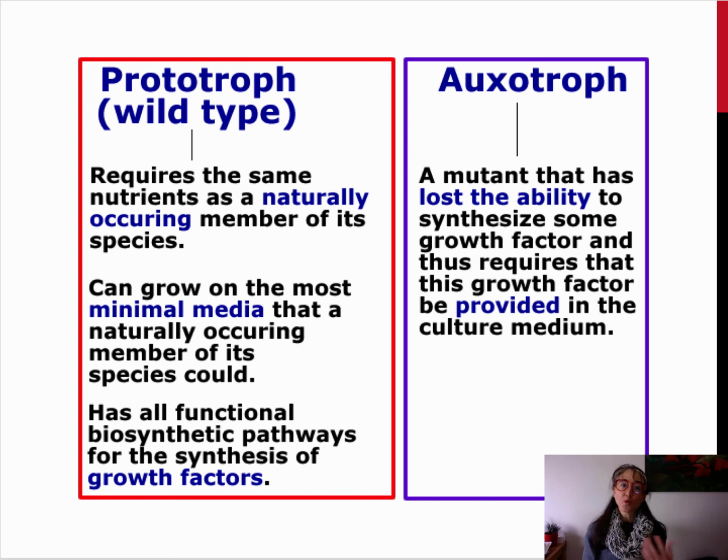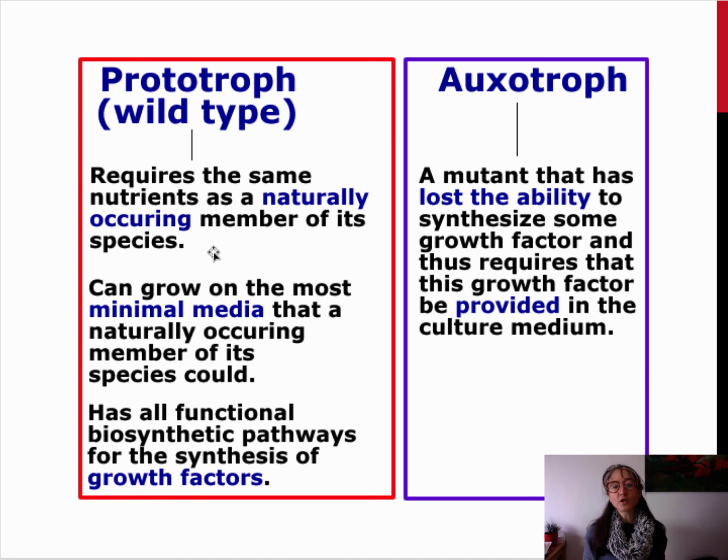Versus a prototrophic or wild type organism that can synthesize its own tryptophan. It has that trp operon, and when tryptophan is not around, it just simply forms the enzymes needed to biosynthesize its own tryptophan. So we could say that a prototroph requires the same nutrients as a naturally occurring member of its species. If a naturally occurring member of its species can make tryptophan, then it can also make tryptophan.